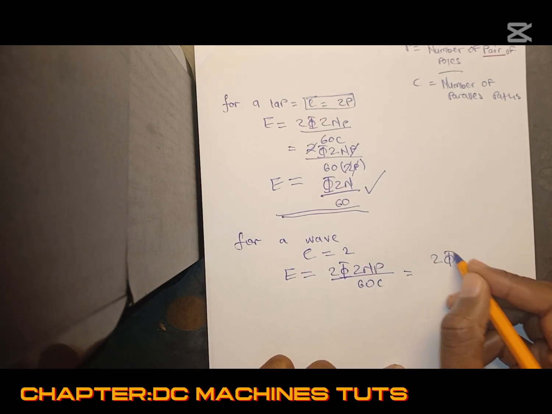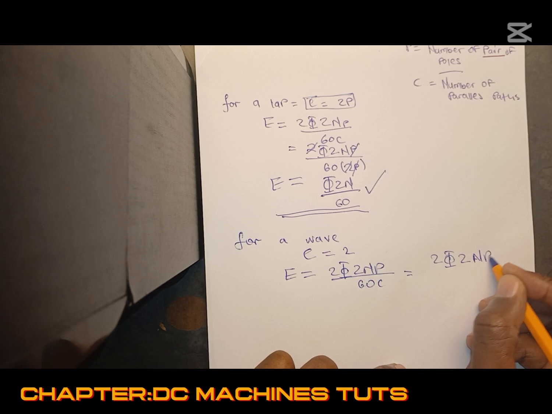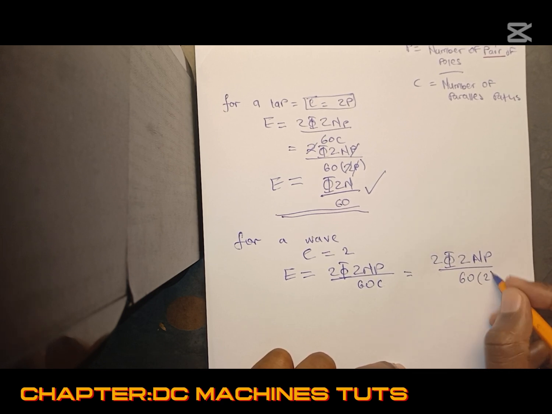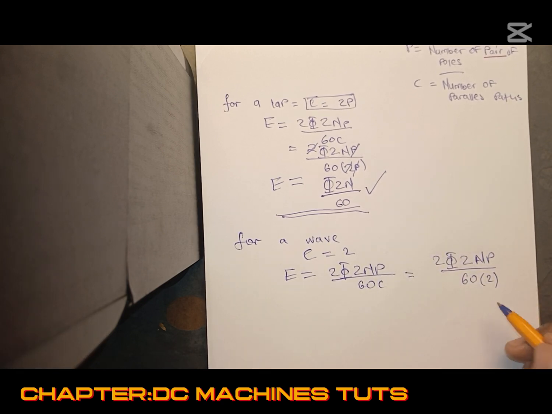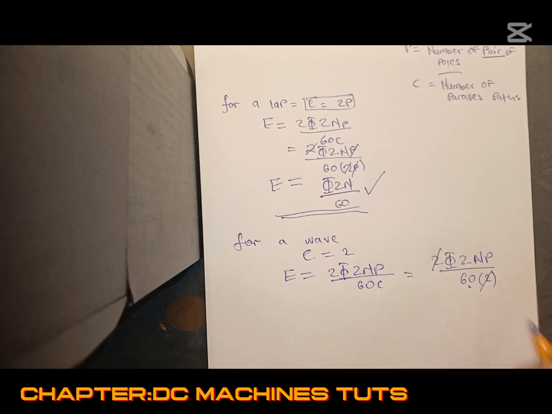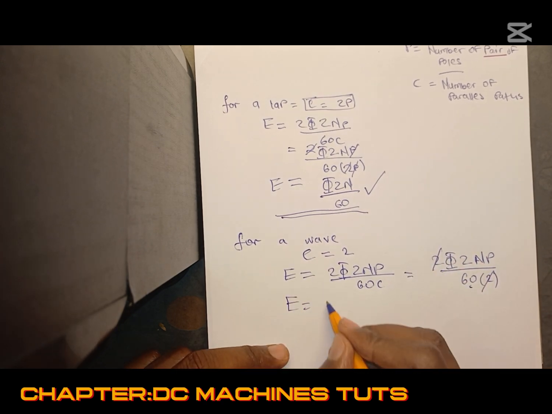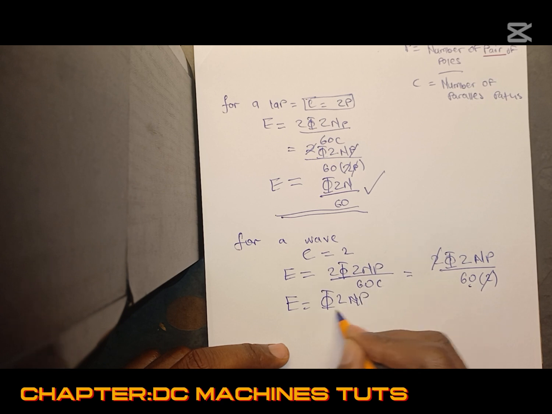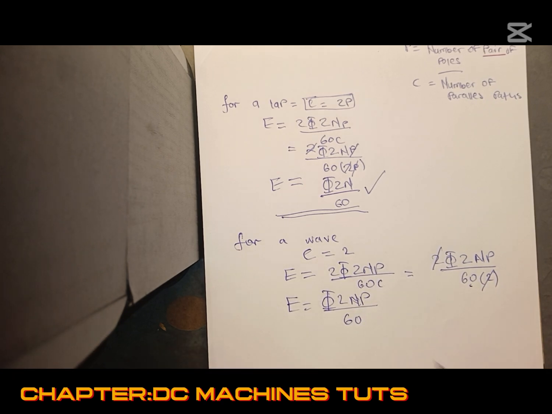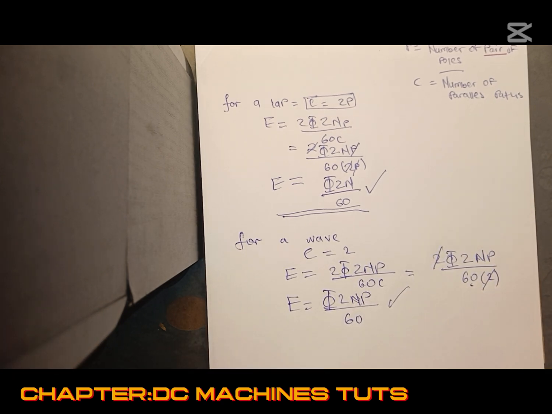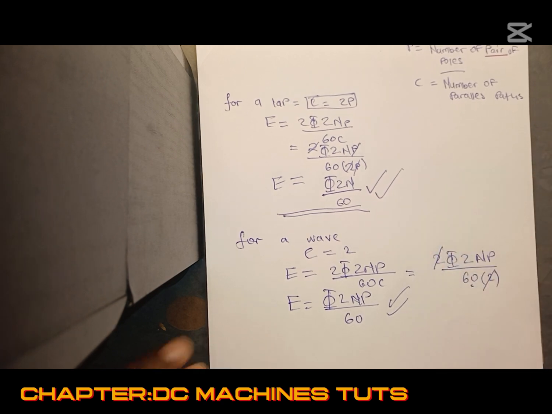So it's 2 flux Z N P divided by 60, then we put 2 here, right? Before we multiply this 2 and this 60, we can just cancel it out. Then from there, that means the formula will be flux Z N P divided by 60, right? So this is our actual formula for a wave. So for a wave, this is the formula, and for a lap, this is the formula, right? And that's it for the induced EMF or back EMF.